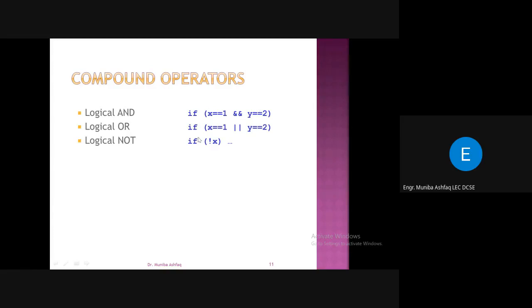And for x equal to 1 or y equal to 2, if one of these expressions is true, then the result will be true, otherwise it will be false. Then you have the logical not. It depends on the value of x, right? It must be true to execute the further statement.